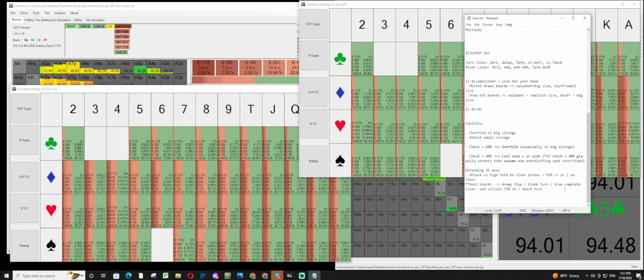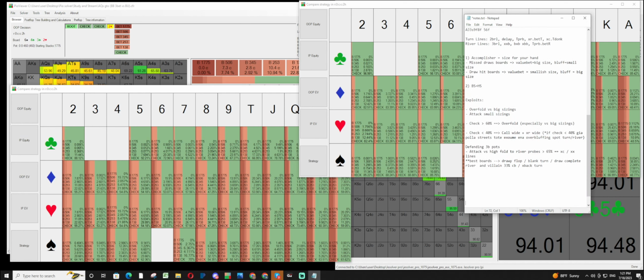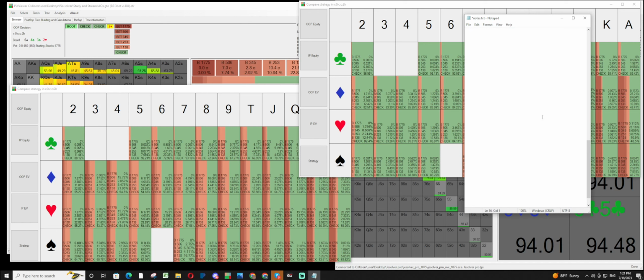So let me take a note of that. How we should play against an overstabber, and against an understabber. So let's go.